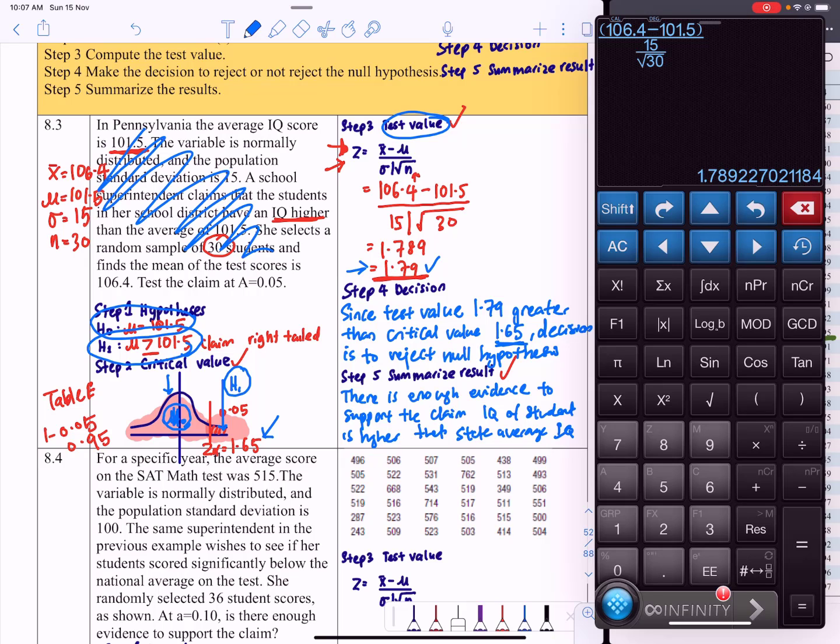The most difficult part for students is knowing whether to reject or accept the null hypothesis. But this one falls on the alternative hypothesis.